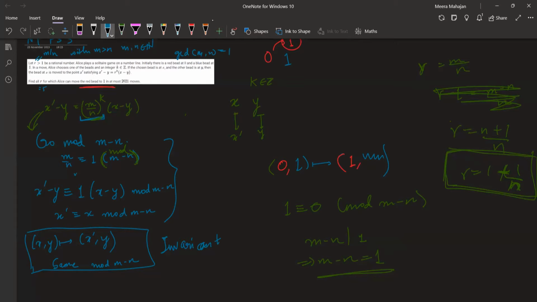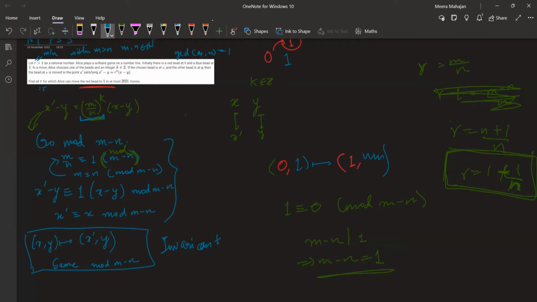The reason is just multiply m on both sides, and you get m is n mod m minus n, which is true. So this is always 1 mod m minus n, and hence we get x prime minus y is 1 times x minus y mod m minus n, and hence we get x prime is x mod m minus n.